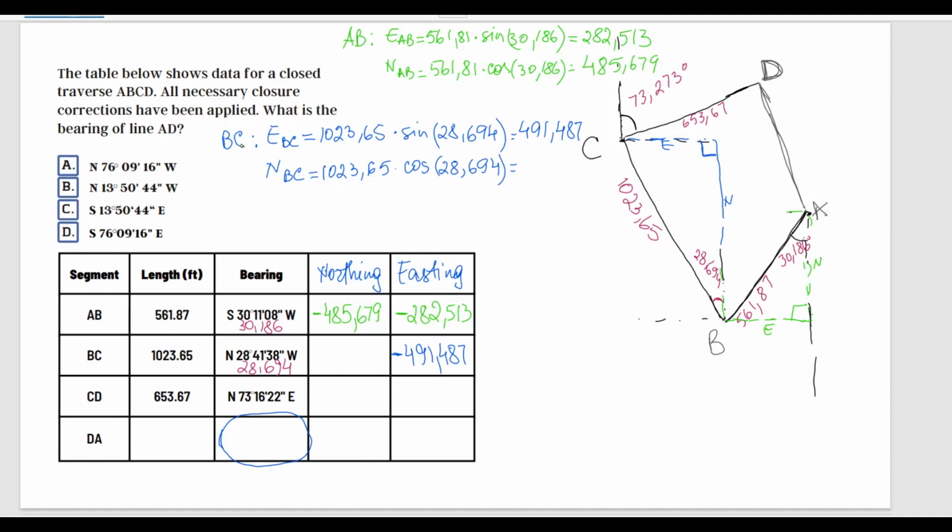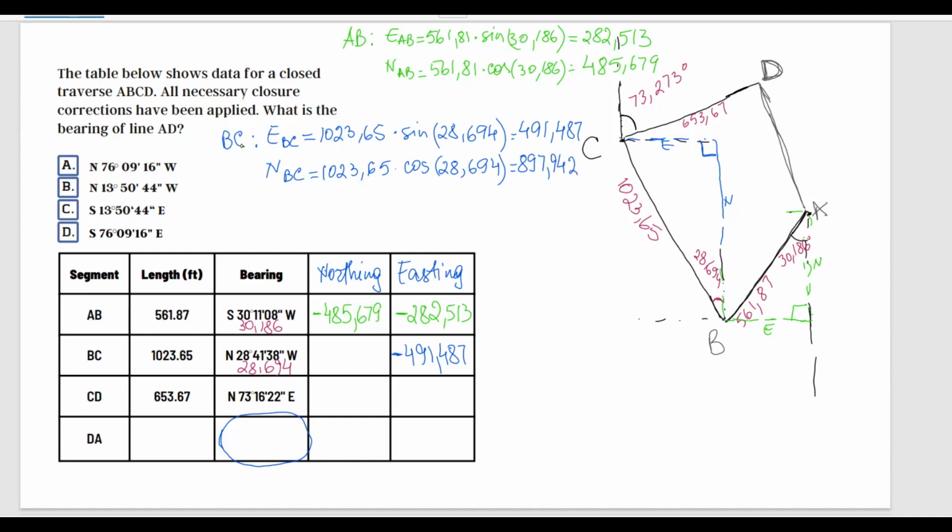Great. Now let's calculate for the northing. The same way, 28.694 cosine, 1023.65 multiplied. I get a value of 897.942.